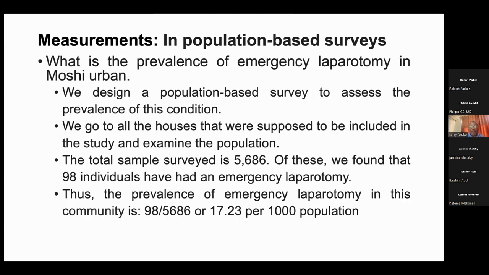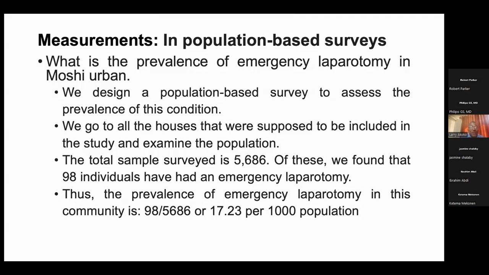So the prevalence of emergency laparotomy in this community will be reported as 98 over 5,686, or you bring it per 1,000 population, per 100,000 population, per million population, depending on the prevalence. So in this case, it would be 17.23 per 1,000 population who have undergone an emergency laparotomy. So this would be reported as the prevalence of emergency laparotomy in this community.